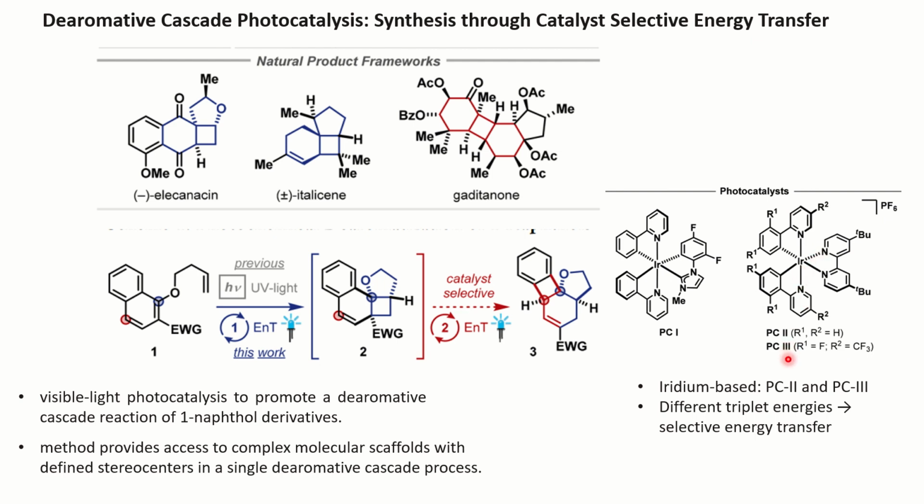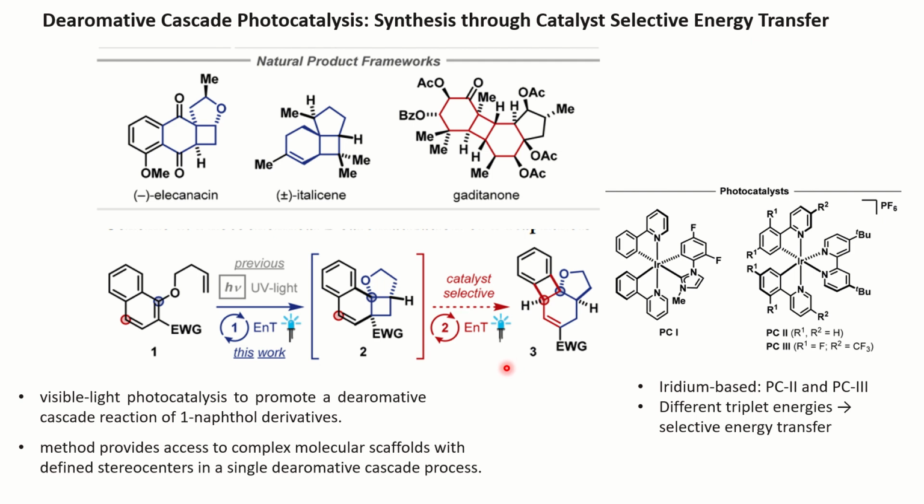If you have other groups, fluorine or trifluoromethyl group, then that will be a PC3. So there are a lot of protocols that have been screened, but these two serve best, showing the precise triplet energy transfer. That's why they have been chosen in this work.